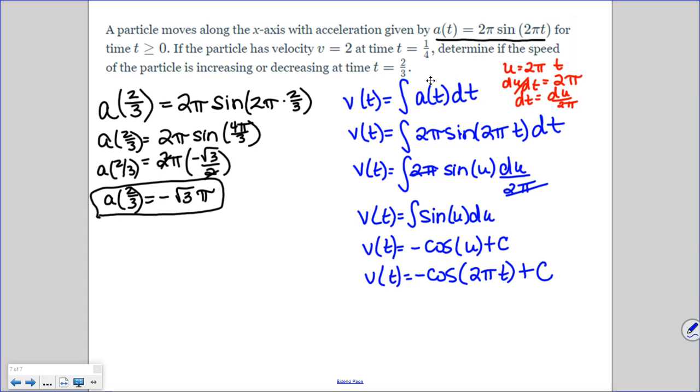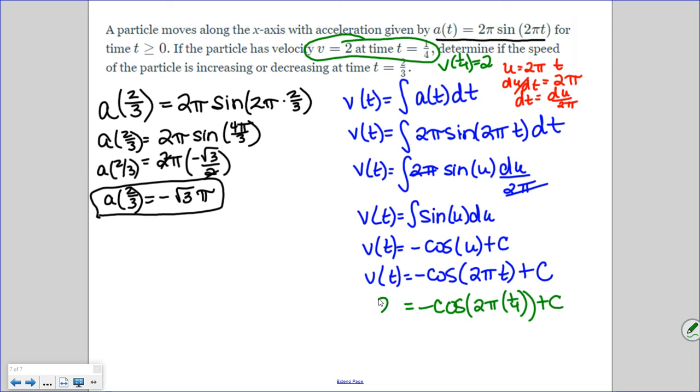Now I need to figure out what the constant is. I'm going to use this initial condition. This initial condition says that v of 1/4 equals 2. So in the velocity function, when I substitute in 1/4, I get 2. So 2 equals negative cosine of 2 pi times 1/4, which is pi over 2, plus a constant.